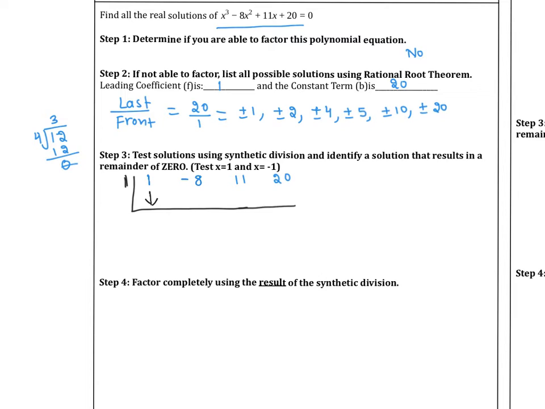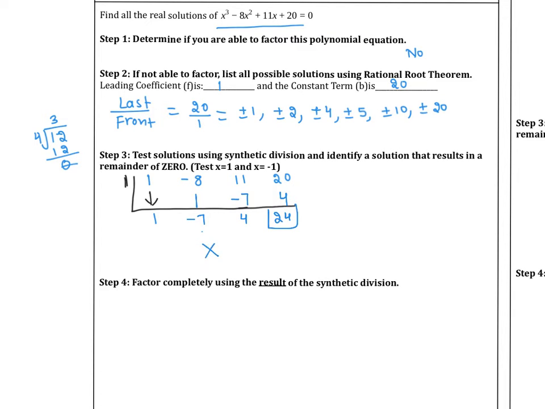Multiply it by this 1, so 1 times 1, and write it over here, just like synthetic division. Then we add negative 8 and 1, which gives us negative 7. Negative 7 times 1 is negative 7. 11 minus 7 is 4. And here we get 4 plus 20, so that's 24.